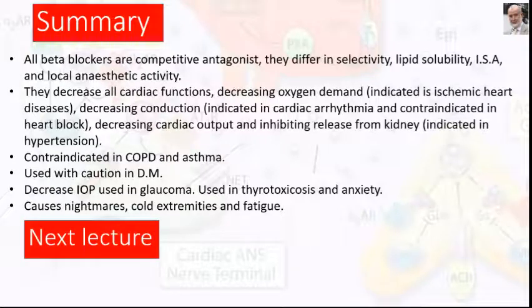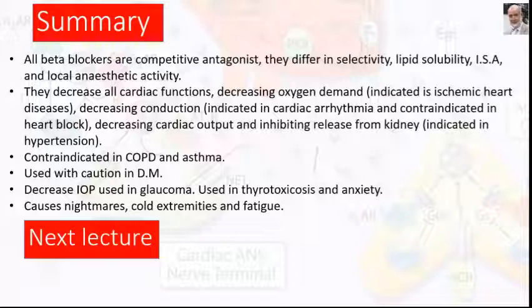Beta blockers, especially the non-selective beta blockers, should be avoided or contraindicated in chronic obstructive pulmonary diseases and also in asthma. They should be used with caution in people who are suffering from diabetes mellitus because they can mask the hypoglycemic signs.